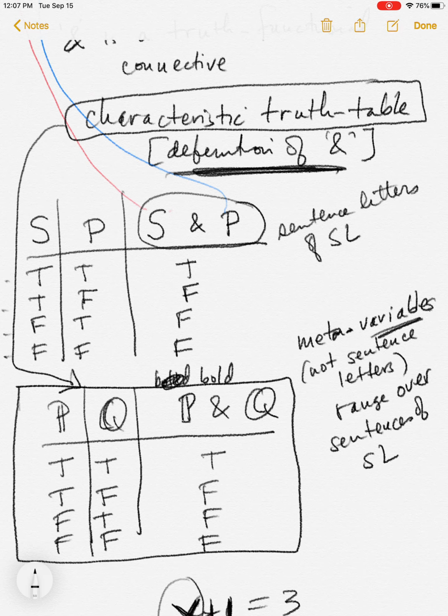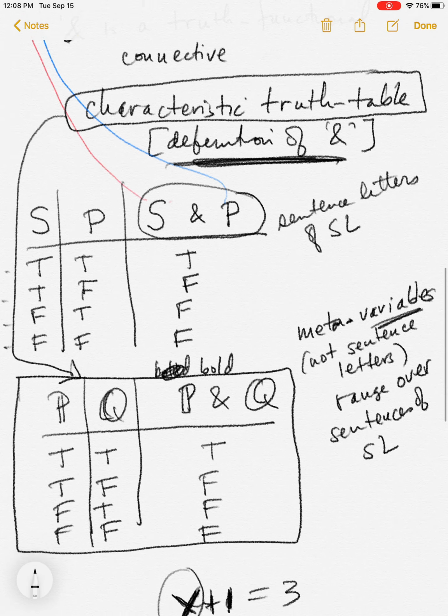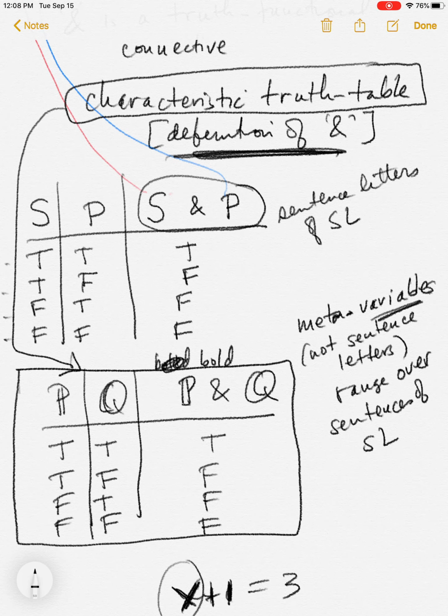And there are also cases where an English sentence actually is a truth functional conjunction, but it doesn't even contain the word and. I want to take a look at a couple of examples of what I have in mind in a moment. The text talks about paraphrasing sentences, and they give you kind of a recipe for how to paraphrase an and sentence, a conjunction, how to paraphrase an or sentence, a disjunction, and so on.